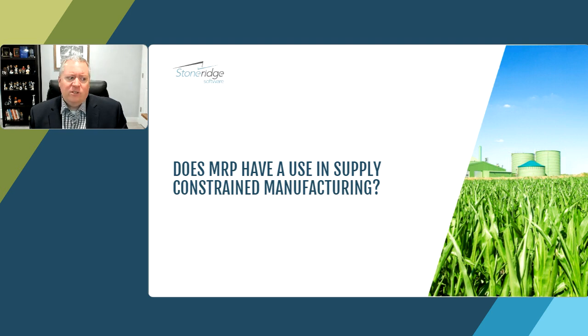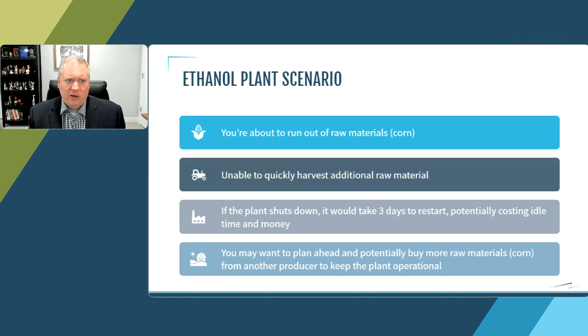There's always going to be some kind of a need for MRP or some basic planning in your organization, especially if you are supply constrained. You might want to start to consider using supply forecasting. And we're going to talk about forecasting in a little bit here, but there is still the opportunity to use MRP. So let's take a scenario here.